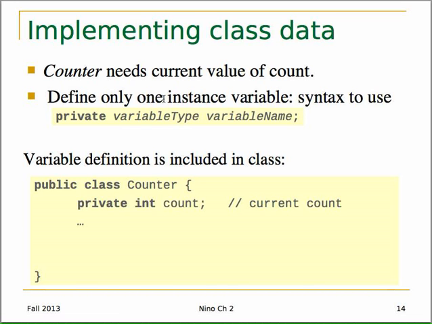Those mean exactly the same thing: instance variable means an instance data member. In this case, it's a private int count. In general, you want to make all your instance variables private, and then you have a type like int, float, double, or maybe even string or other objects, and then the name. For us, the counter just has one data member, a private int count.